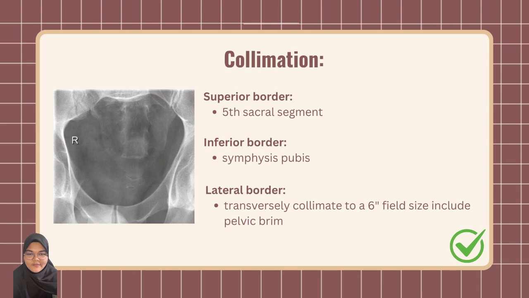A good collimation for coccyx examination is at the superior border to include the fifth sacral vertebra, inferior border to include symphysis pubis, and lateral border to include the pelvic brim. This radiograph shows an adequate collimation. The center ray for this radiograph is at the level of 2 inches superior to the symphysis pubis.